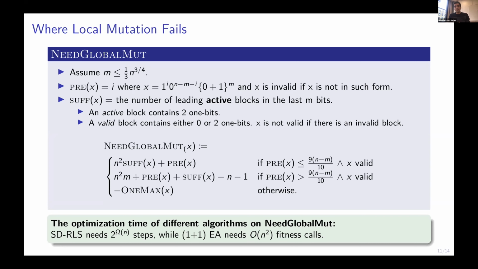Increasing the prefix function needs to flip only 1 bit, while increasing the suffix function needs to flip 2 bits simultaneously. You can find a precise definition of the function in the paper. We proved that the new algorithm, STRLS, needs exponential steps to find the optimum. However, 1+1 EA needs at most n squared fitness calls.